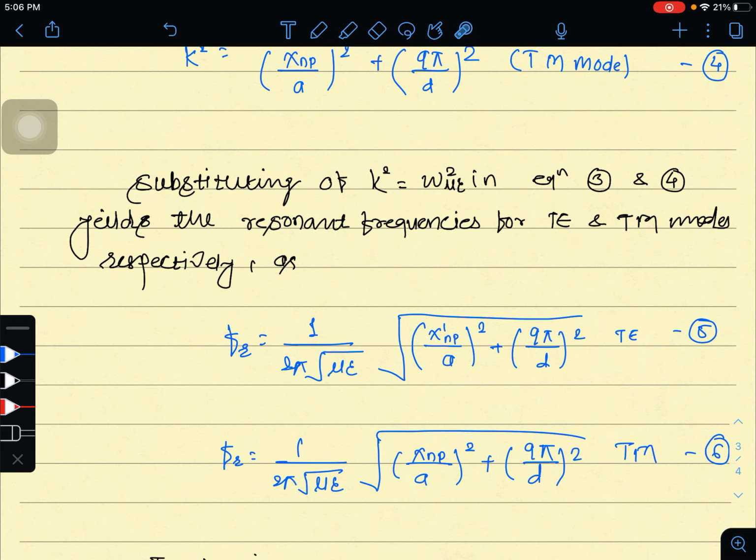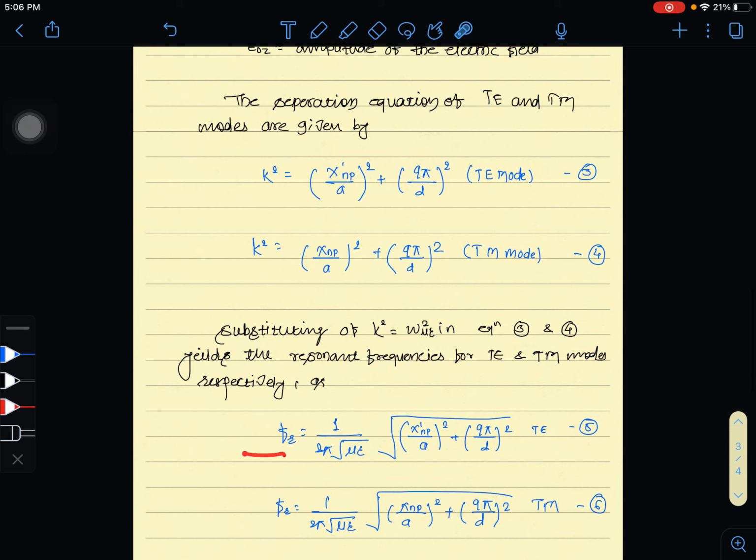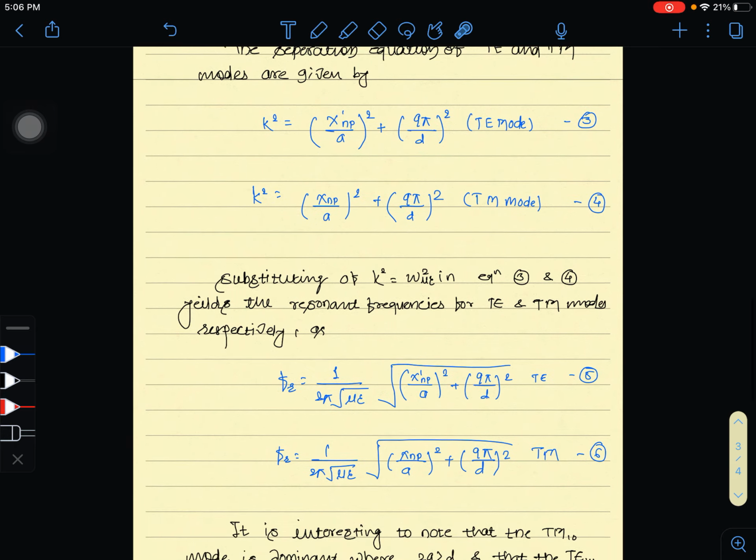And this equation is completely based on equation number 3. Now this is a very easy equation.